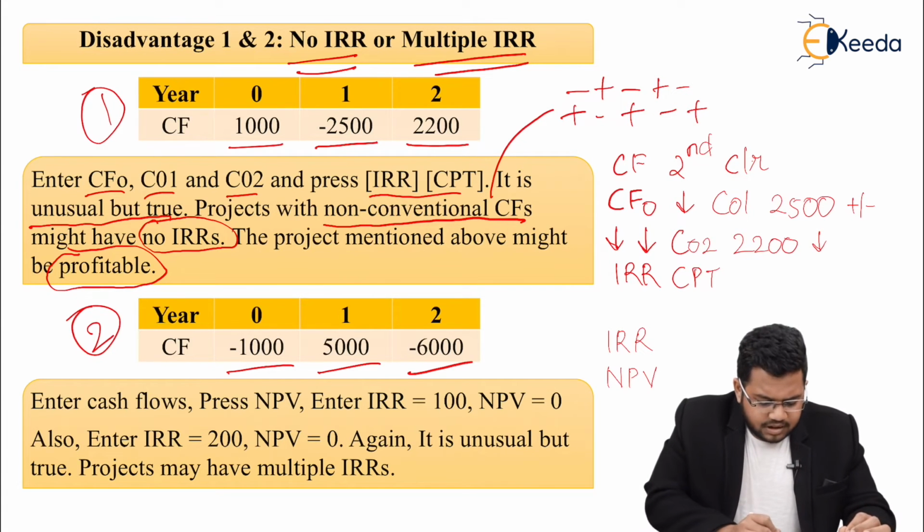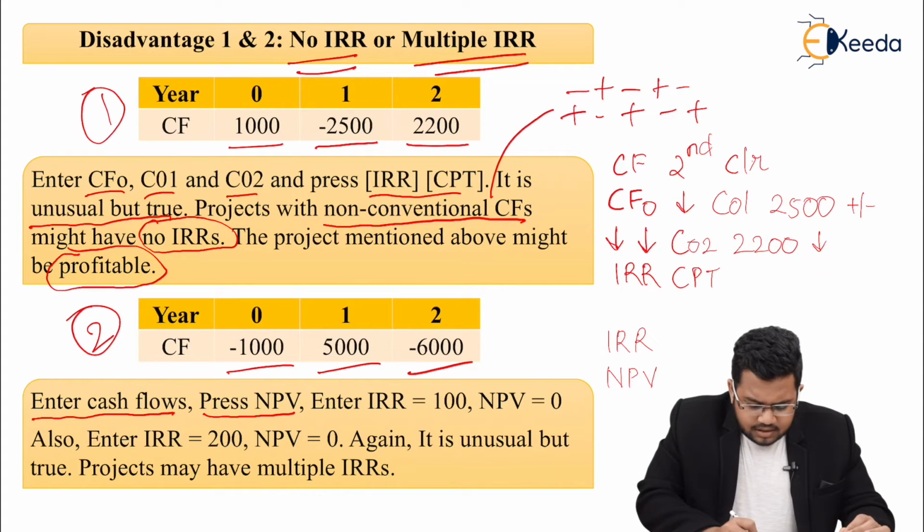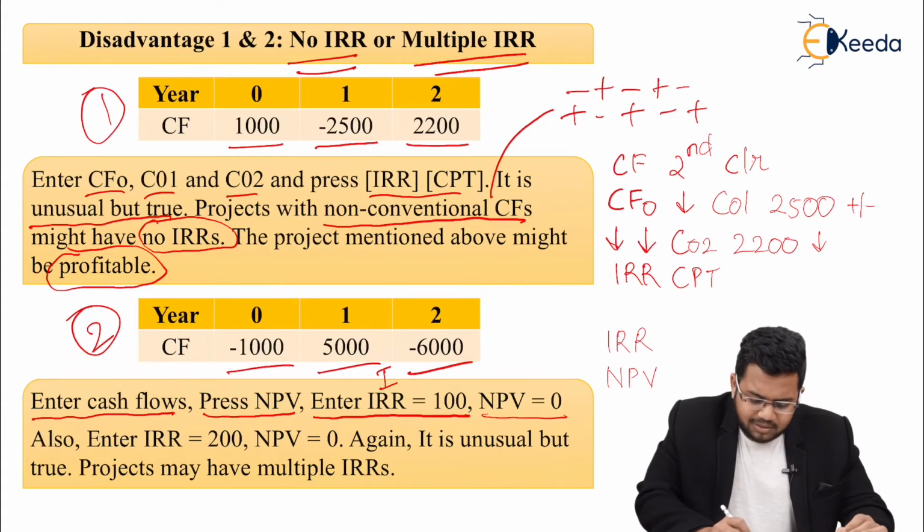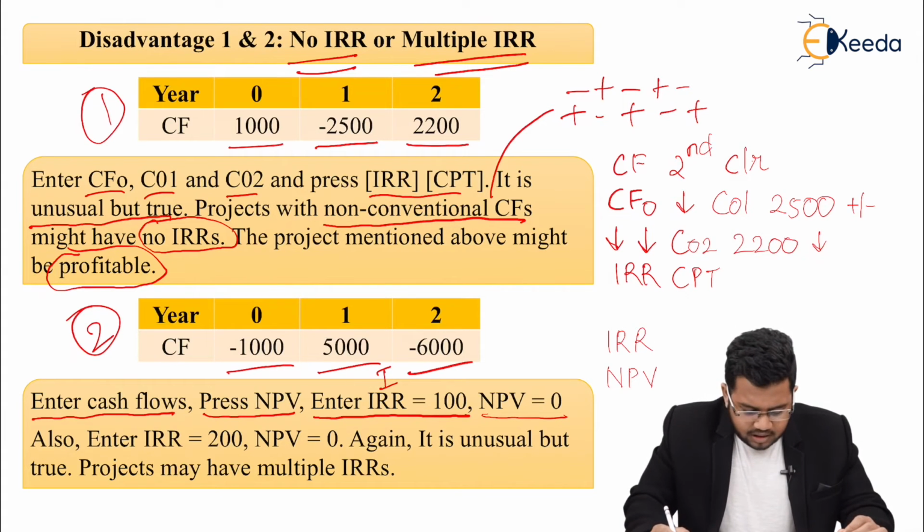Let's just read, it's okay if you don't really solve it. Enter the cash flows, press NPV, then you enter interest rate, not IRR but I, as 100. You get NPV as 0, so it makes 100 an IRR.